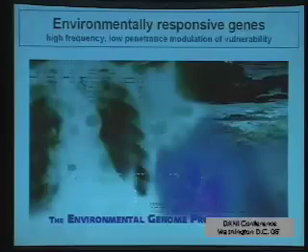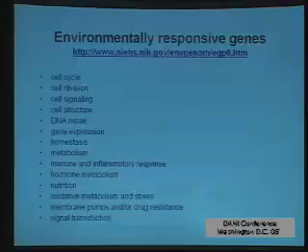Now, the NIEHS, the National Institute of Environmental Health Sciences, has an Environmental Genome Project. I got really interested in this because I kept on reading gene reviews and finding they were only talking about brains, and I found that most of my genetics colleagues had never heard of the Environmental Genome Project, and I thought that was pretty interesting.